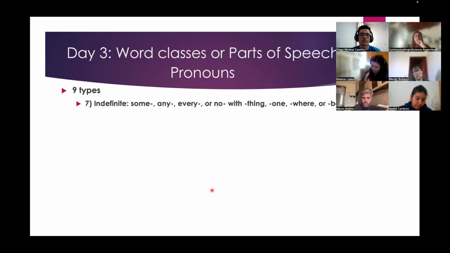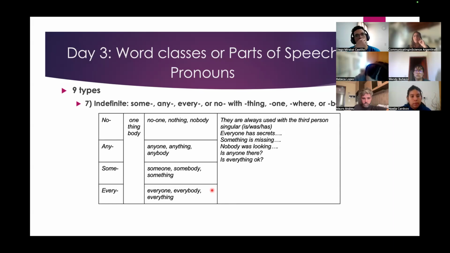Okay. Indefinite pronouns. You may have heard these words. No one, nothing, nobody, everyone, everything, everybody, anything, something. They are indefinite pronouns. Pronombres indefinidos.